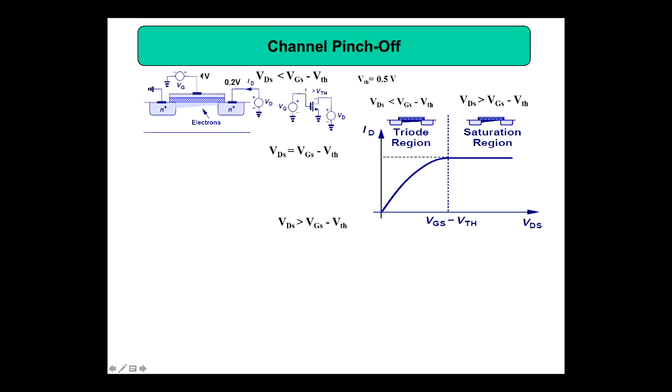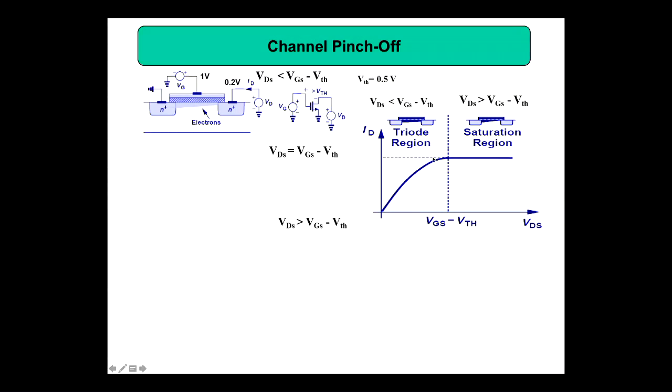So VGS minus VTH is 1 volt minus 0.5, so you are getting 0.5. Definitely 0.2 is less than 0.5. So in this condition, VGS minus VTH is higher than your VDS. With this potential you are applying, your MOS transistor is operating in the triode region.